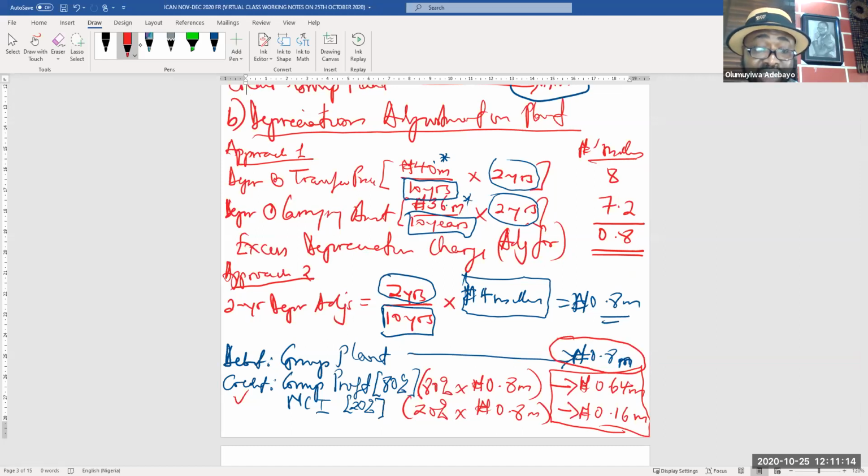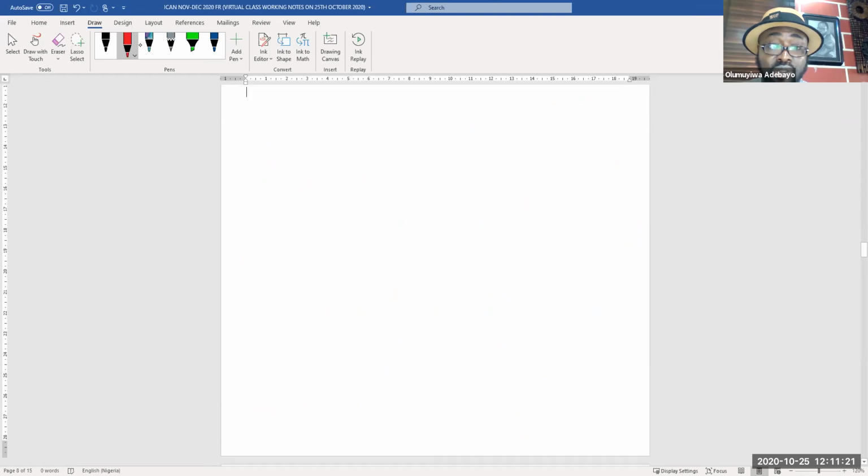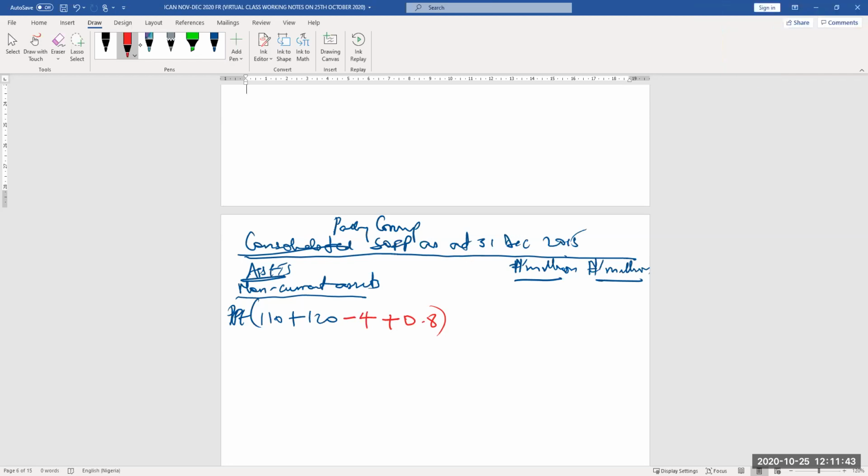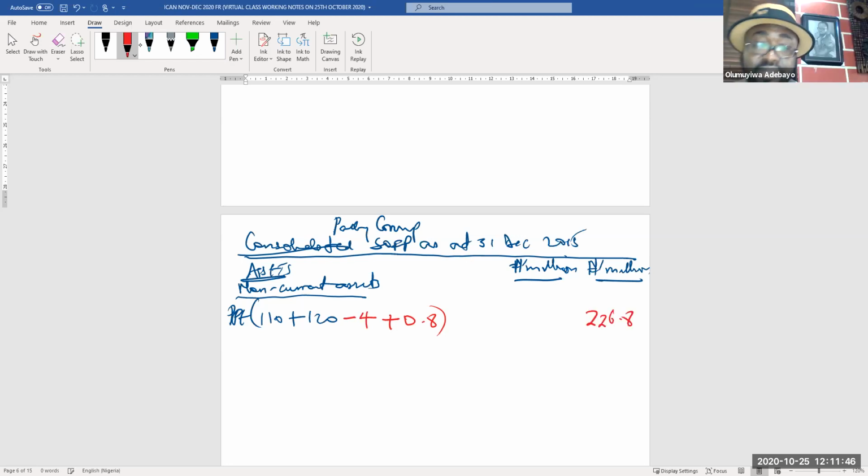Because the asset has been over depreciated, we have understated it by 0.8. What do you have to do? We add it back by increasing it, so you say plus 0.8. These are the corresponding adjustments. When you add them together, it says 110 plus 120 minus 4 plus 0.8. That gives me 226.8. Now, what is my goodwill?